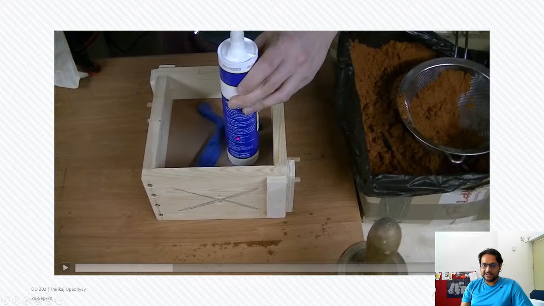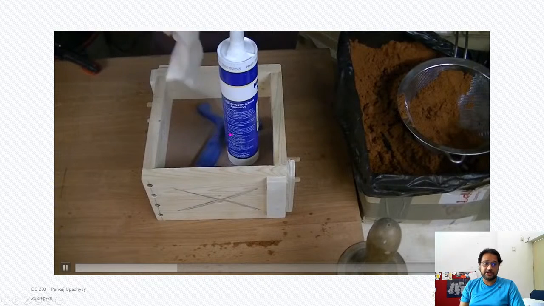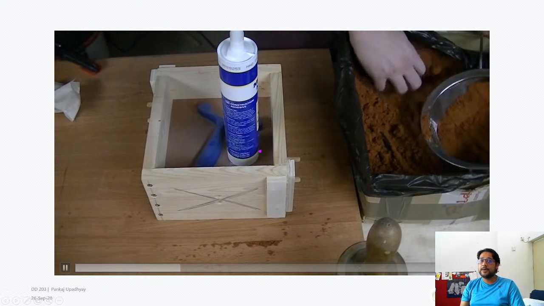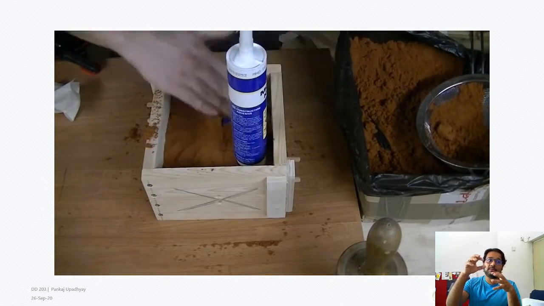The idea is that he's putting a cylindrical piece there. Now when he packs in the material, no sand will go into that space, and because of that this space will become available for him to pour the molten material.